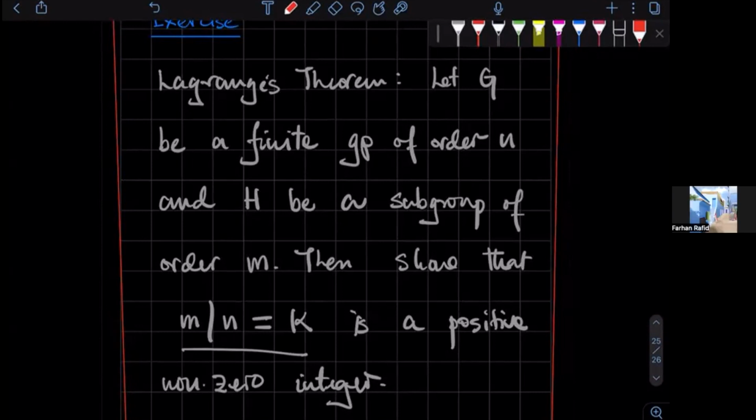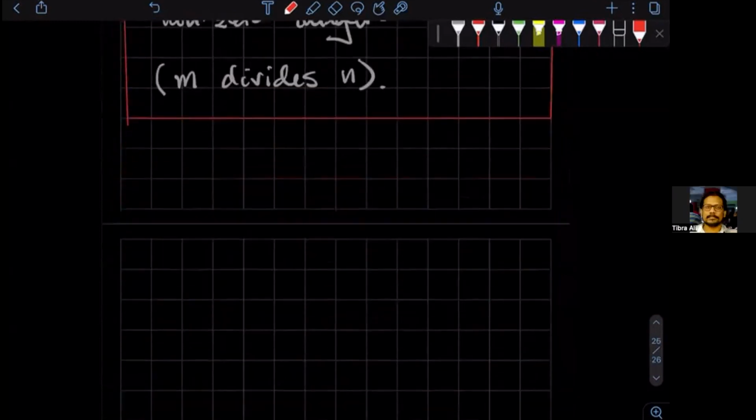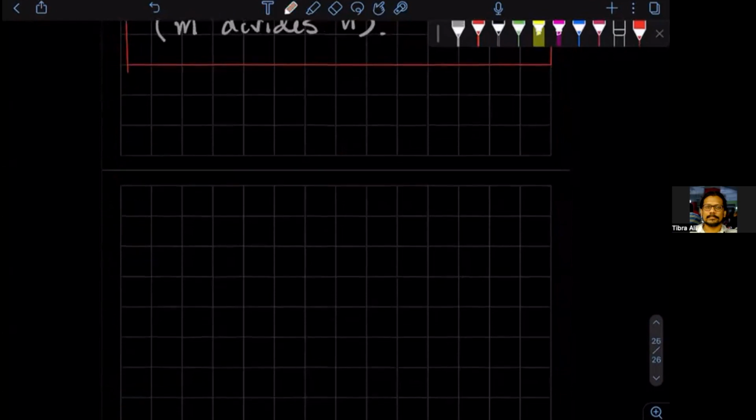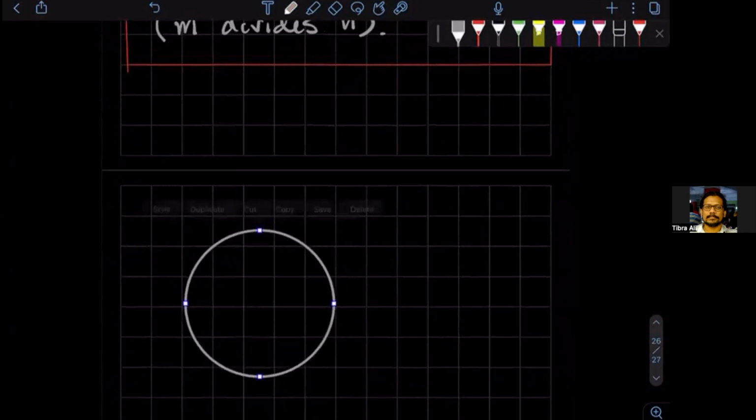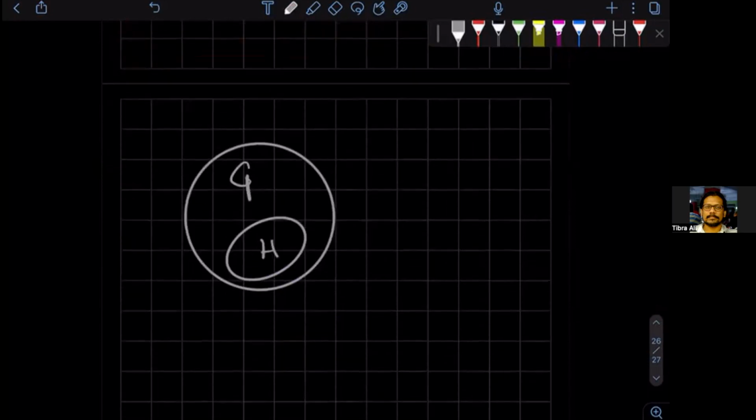Sir, could you explain the coset again? I didn't quite understand. Right. So the coset is, suppose you have a group, say G. So this is some set, and you have some subgroup, say H. Now, if it's a subgroup, that means that it has the identity element in it, right?